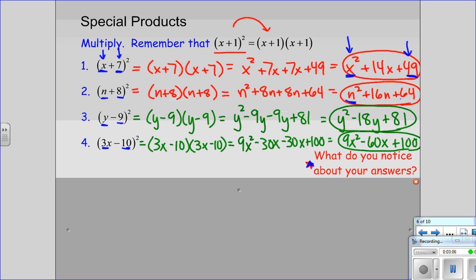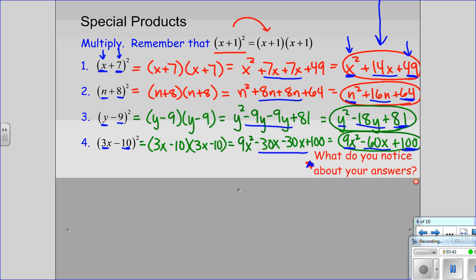The important part to observe is what happens in our middle term for all of these products. What we can see is that the middle term is always our first term and our last term multiplied together and then doubled. We see 7x is doubled to give us 14x. 8n is doubled to give us 16n. And that happens with all 4 of these.